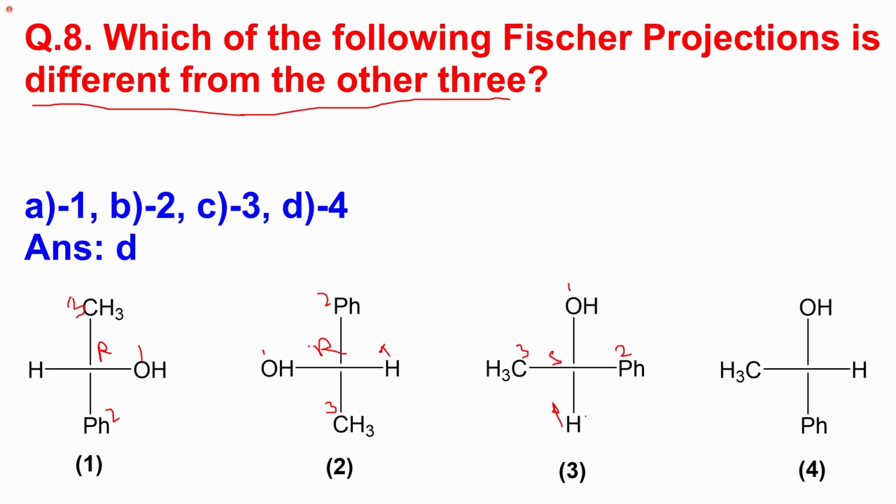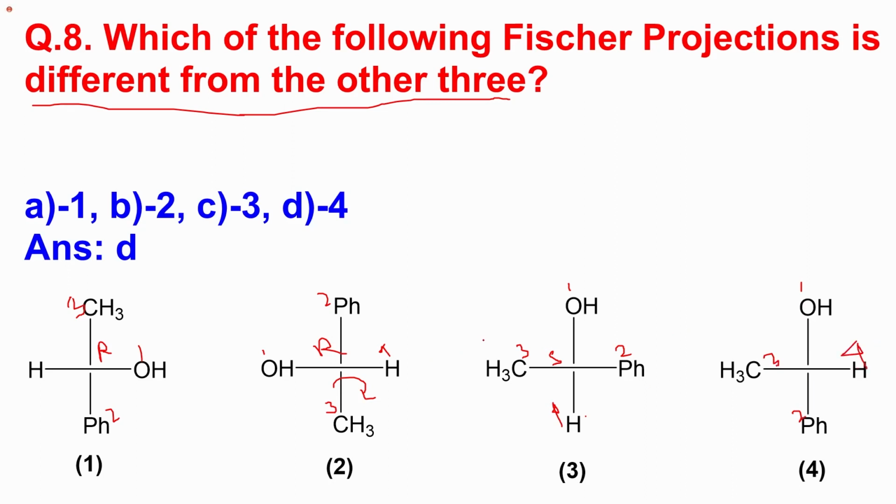This is also on the x axis. 1, 2, 3 goes in the clockwise direction. Clockwise direction means, if the least priority group is on the x axis, then it will be a positive rule, that is R. Here it is also a positive rule, clockwise 1, 2, 3, so R. Here also clockwise 1, 2, 3, so R, but here it is S. In this case, OH, 2, 3, and 4.